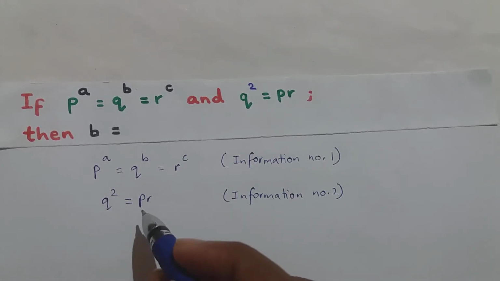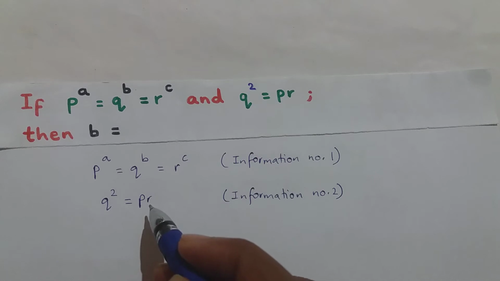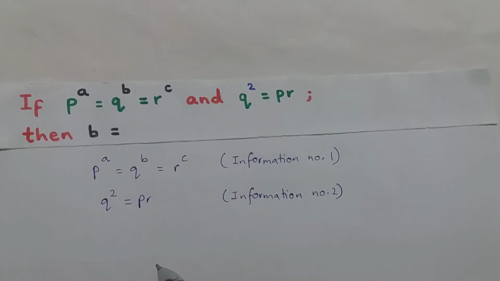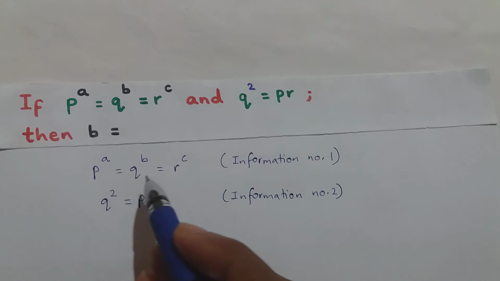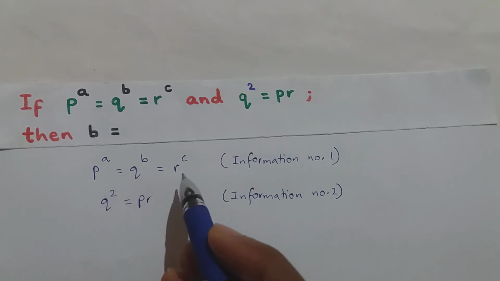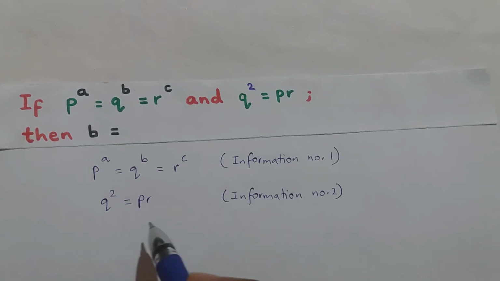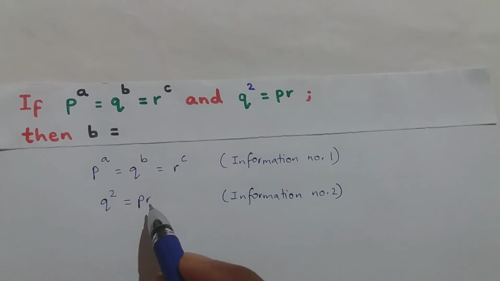So how can I write p and r in terms of q? For that we will take the help of information number 1. Information number 1 will help us to write p and r in terms of q.